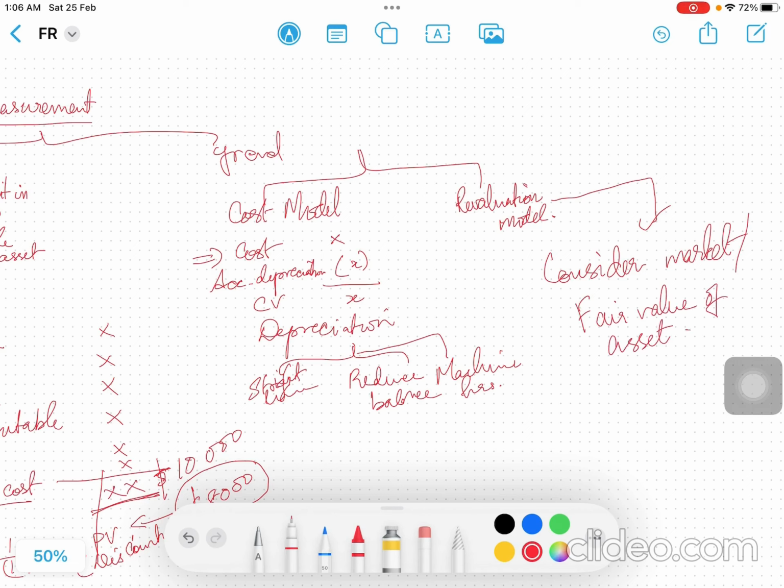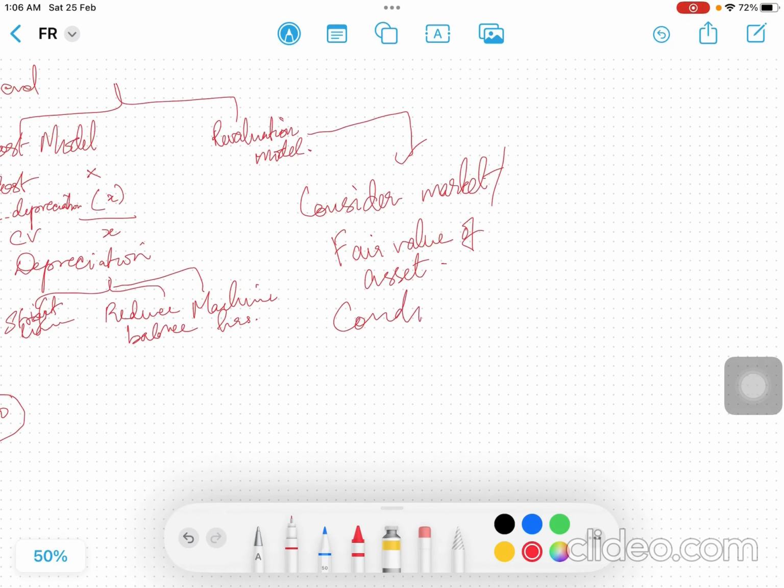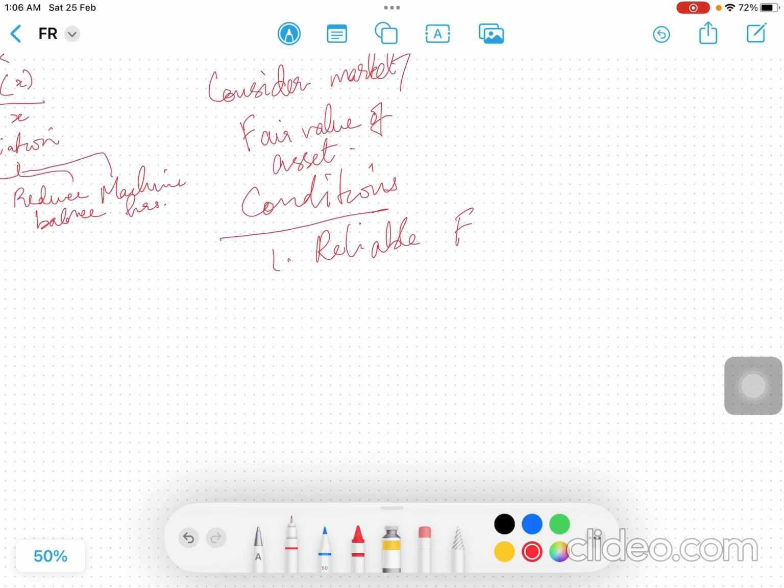In order for you to measure it under the revaluation model, there are certain conditions that should be satisfied. The first one is reliable fair value. If you are considering an asset to be valued under the revaluation model, you should have an estimate regarding its fair value.